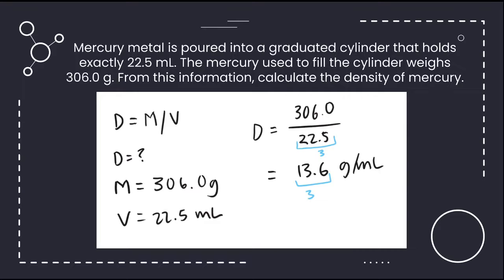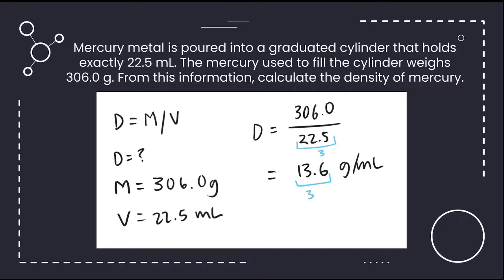And the equation of density is D equals m over v, or density equals mass over volume. Using this equation, we can set it up. We know that we have to find the density, so it remains as D equals, and then the mass, 306.0, over 22.5, the volume.